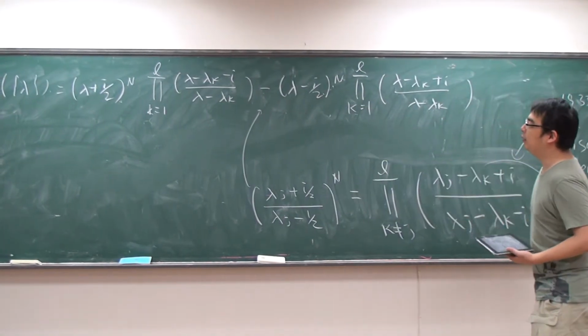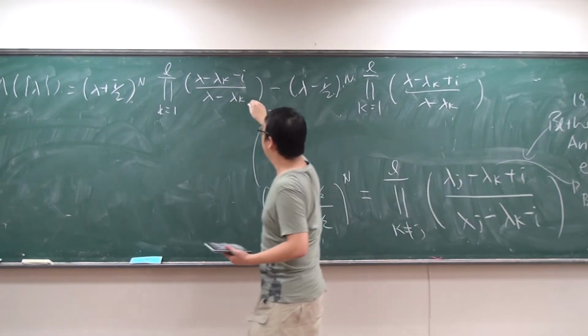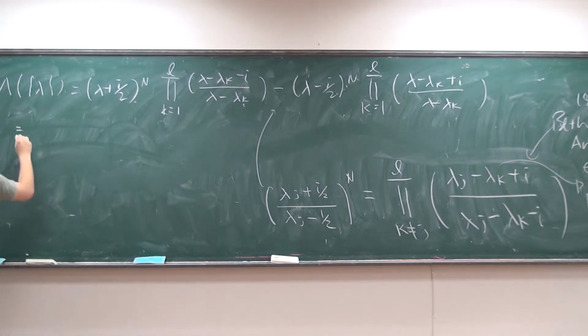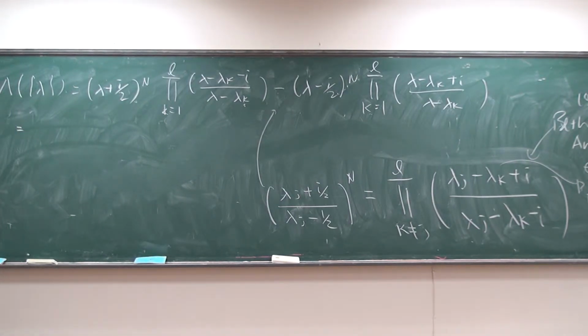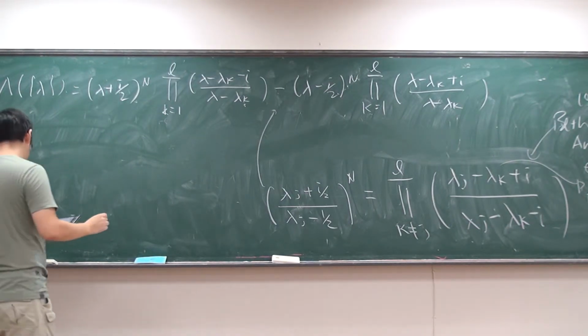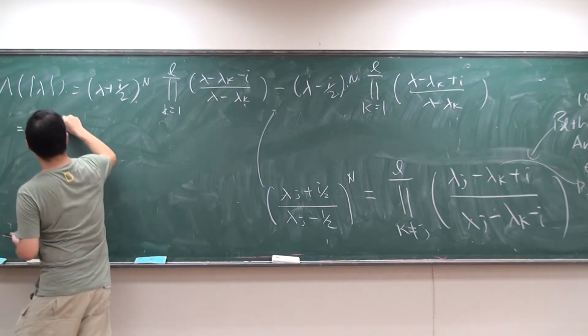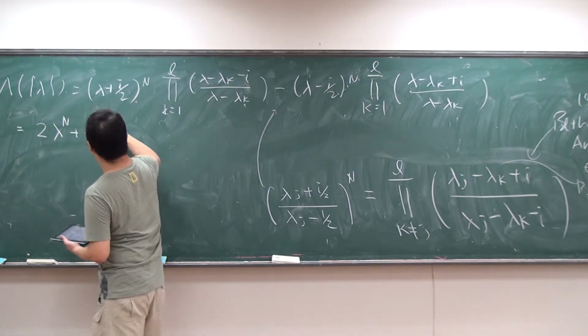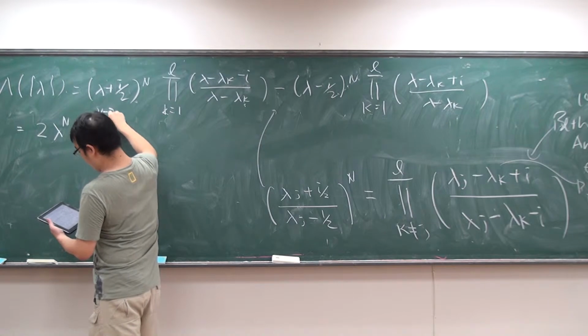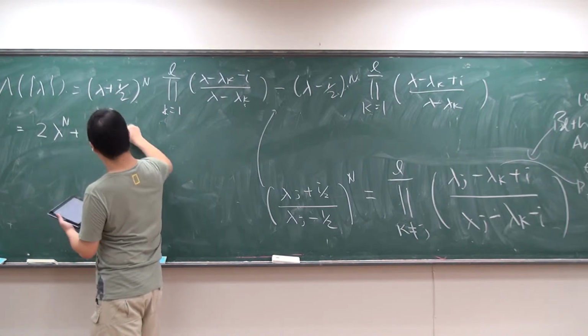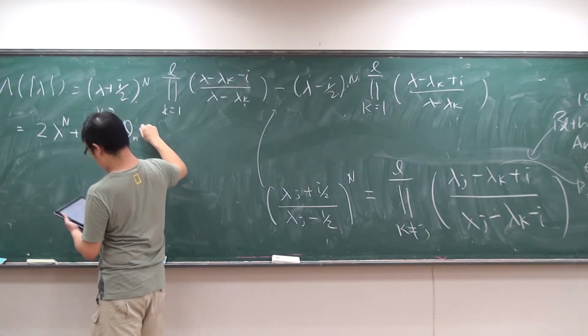You can plug in those λ_k into the eigenfunctions, and of course we know this should correspond to the expansion of Q_n(λ_n).